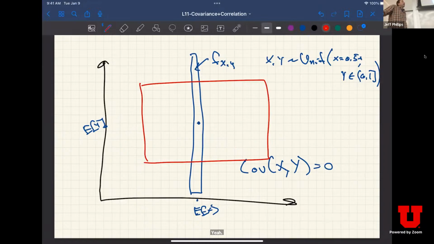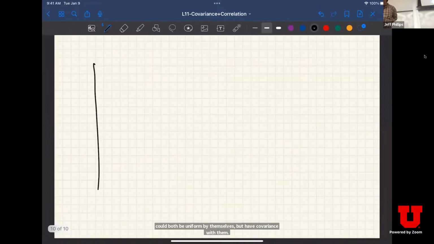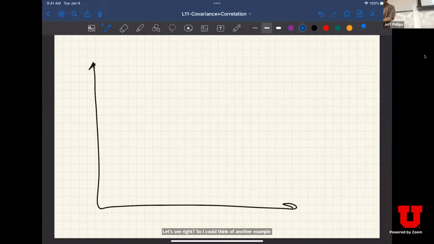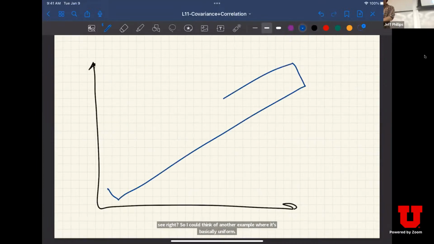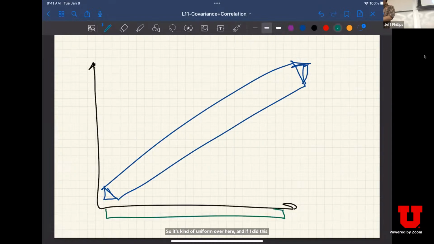Well, but then I don't know how they covary with each other. They could both be uniform by themselves, but have covariance with them. Let's see, right? So I could think of another example where it's basically uniform, but over this kind of tilted shape. So it's kind of uniform over here. And if I did this properly, X is uniform over this range and Y is uniform over this range.